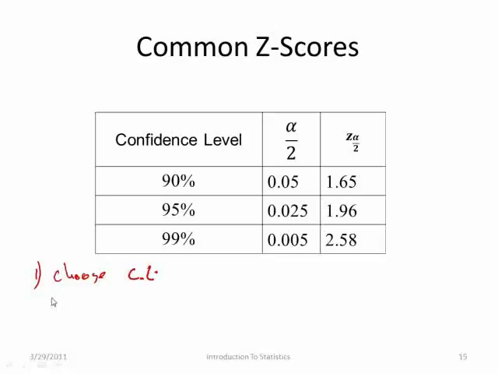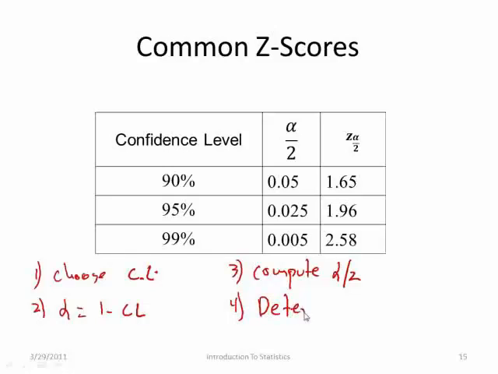All right, so once you have the confidence level, you can compute alpha equals 1 minus the confidence level. Step number 3 is you can compute alpha over 2. Step 4, determine z sub alpha over 2.